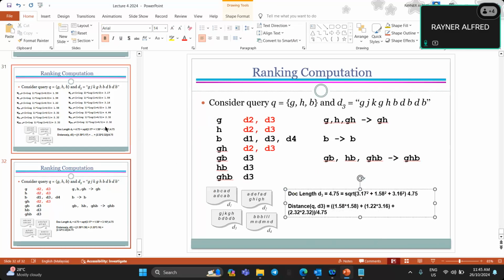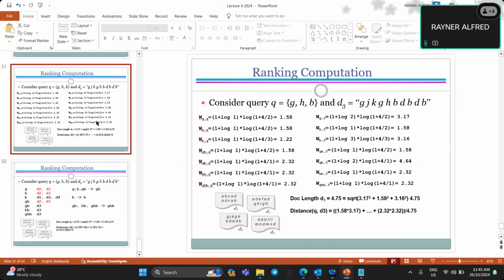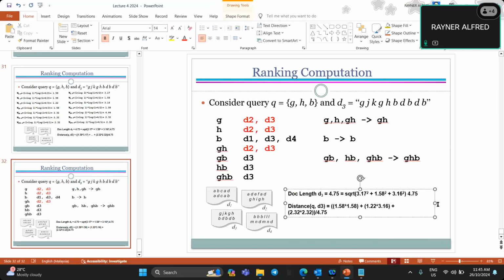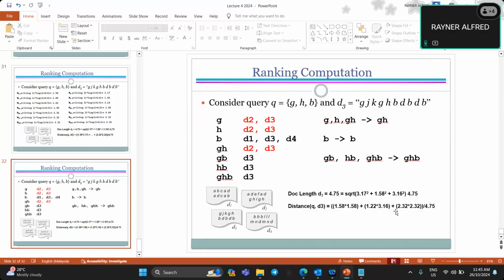Then we have the GHB. GHB is 2.8, so it will be the same. So this is using the closed term set. So we only have 3, simplifying the calculation.